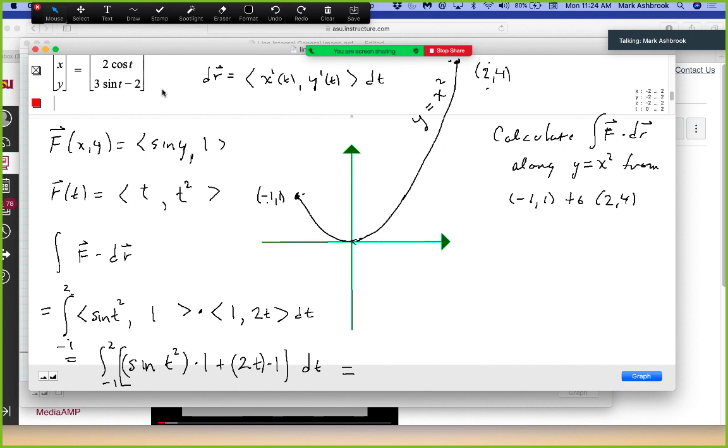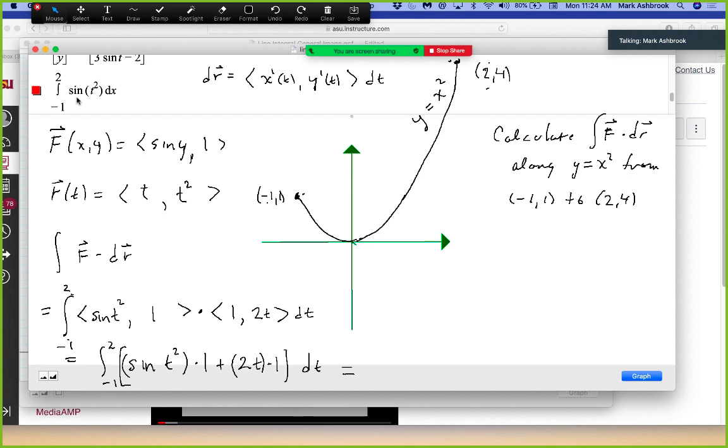So here we go. Control-Shift-I. We're going from -1 to 2. And we're expecting the value of this to be what? Greater than 0. Yeah. So sine of t squared, I'll just do x squared, it's fine.